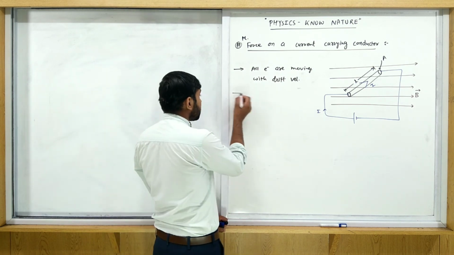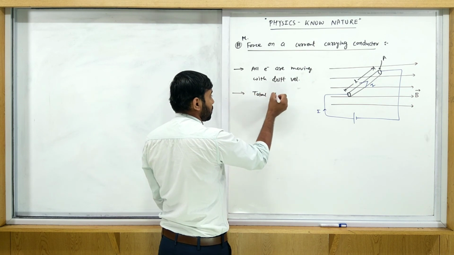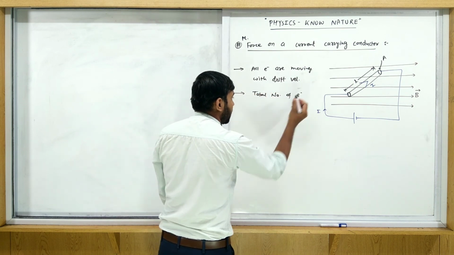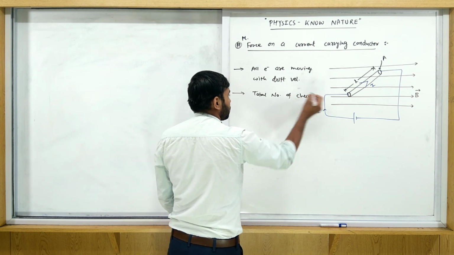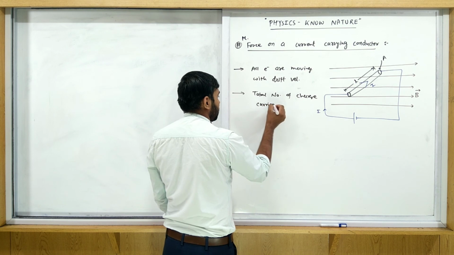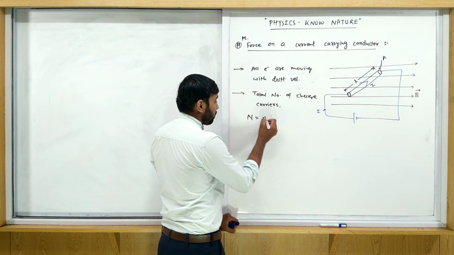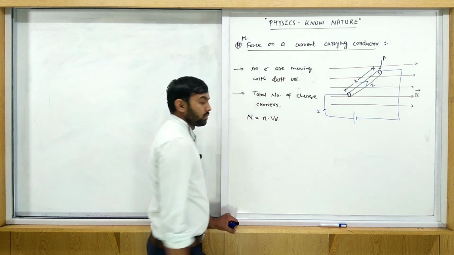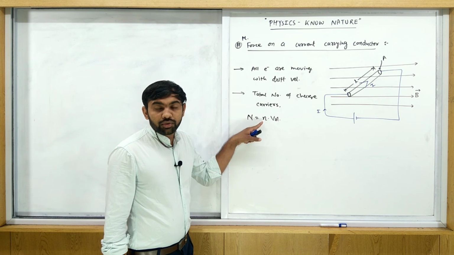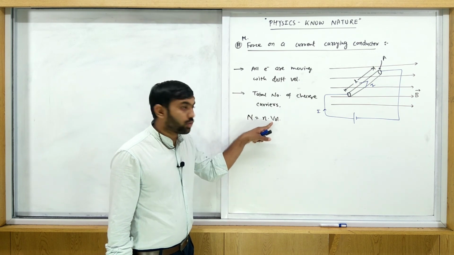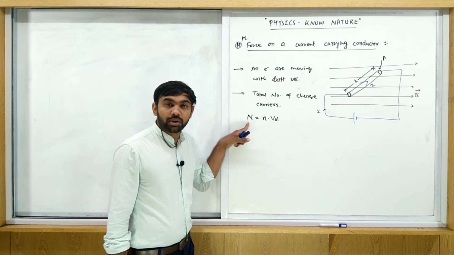So what is the total number of charge carriers? It is n multiplied by the volume, where n is the number of electrons per unit volume. So that is the total number of charge carriers.